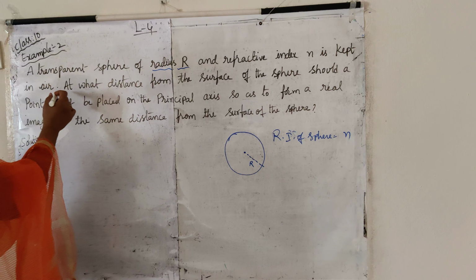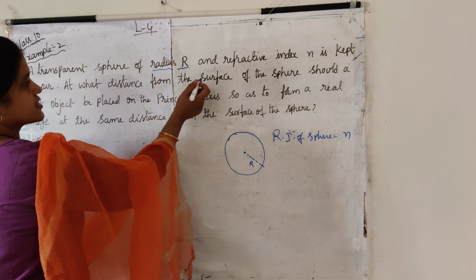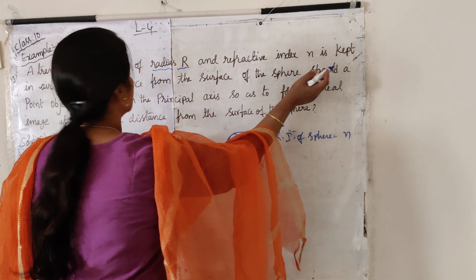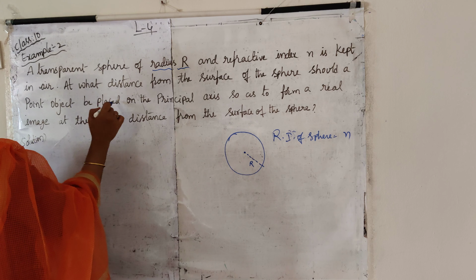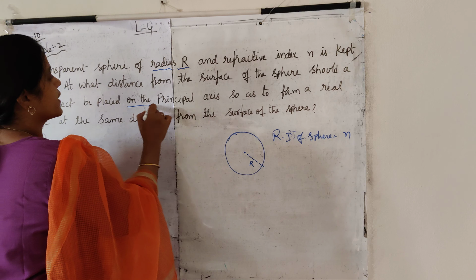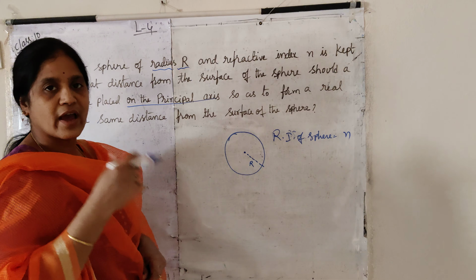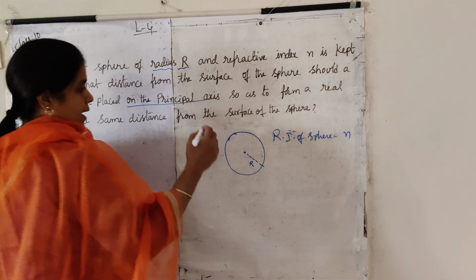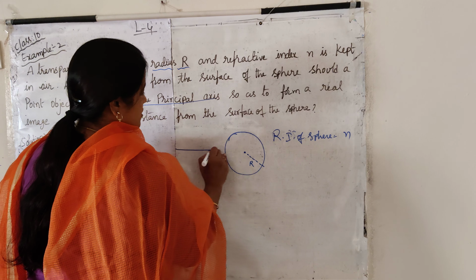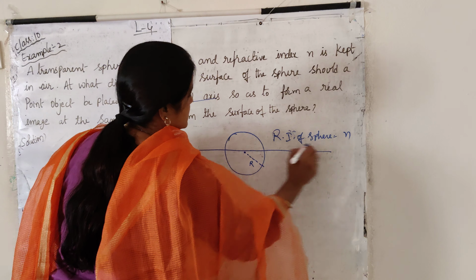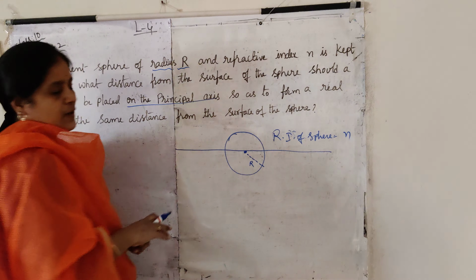Now, at what distance from the surface of the sphere should a point object be placed on the principal axis? First we have to draw the principal axis. So this is the principal axis.